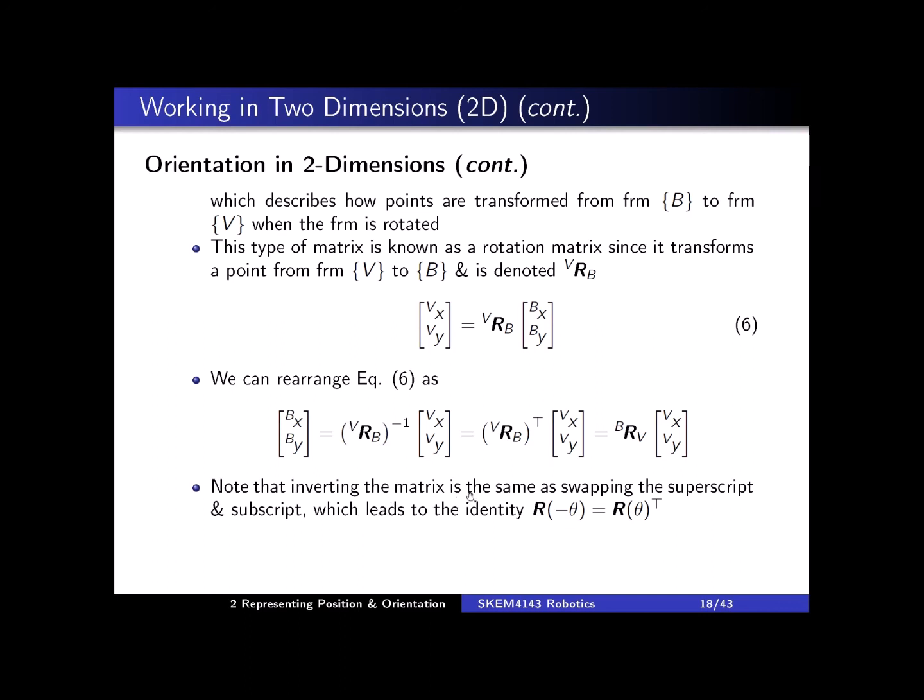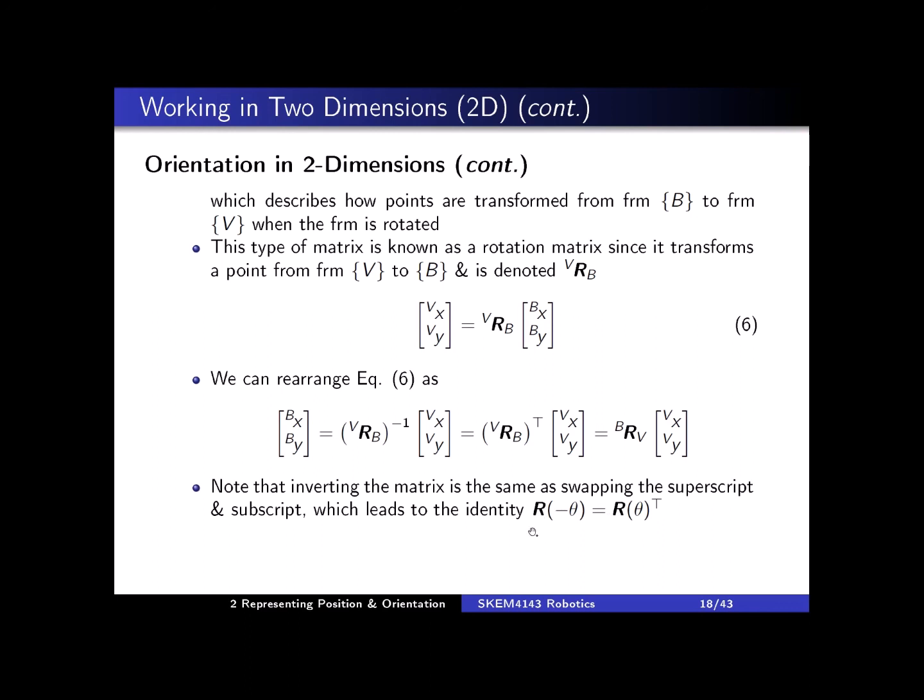Note that inverting the matrix is the same as swapping the superscript and subscript, which leads to the identity R minus theta equals R theta transpose. We will look at some examples later.